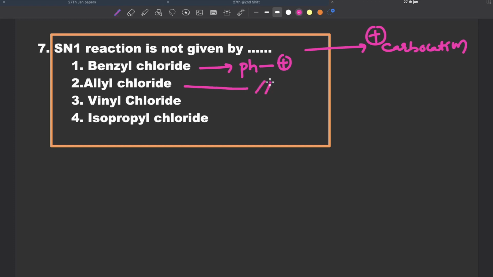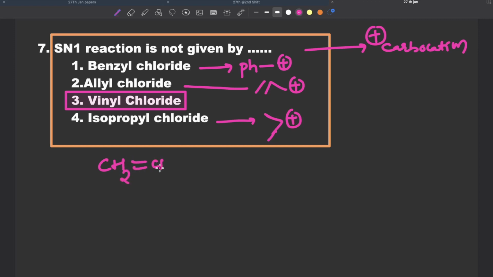Allyl carbocation is also one of the stable carbocations. Isopropyl carbocation is also a secondary carbocation, a bit stable, but vinyl chloride cannot form a carbocation. So vinyl chloride is CH2 double bond CHCl.